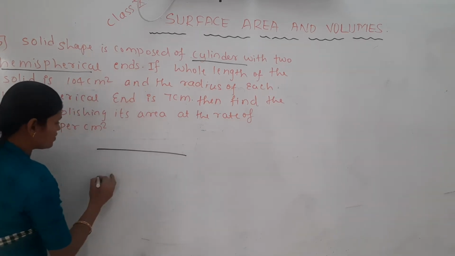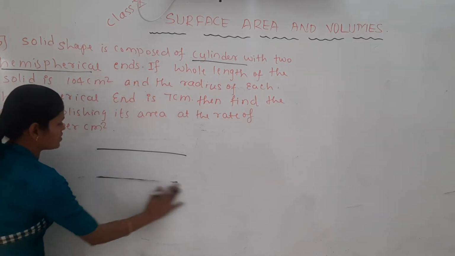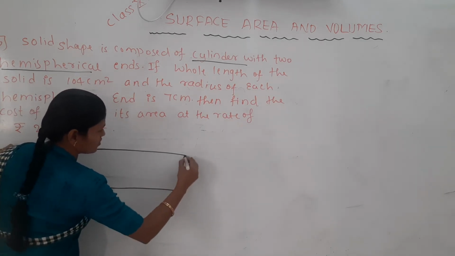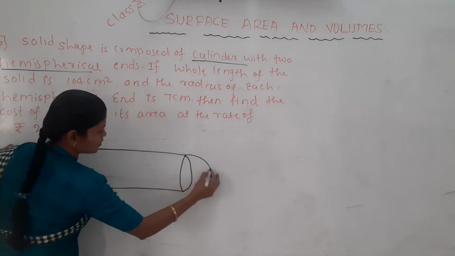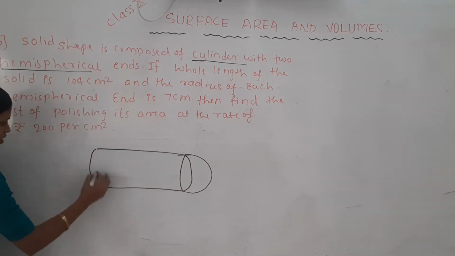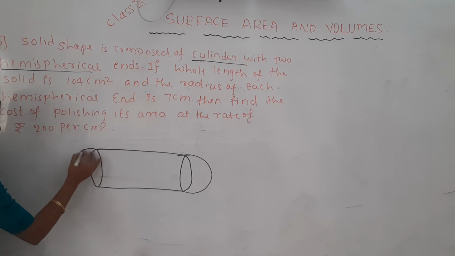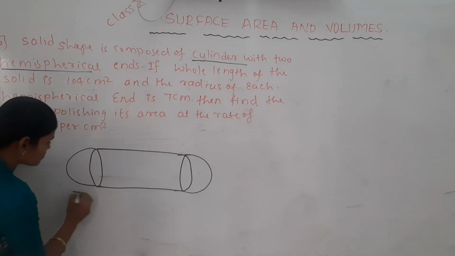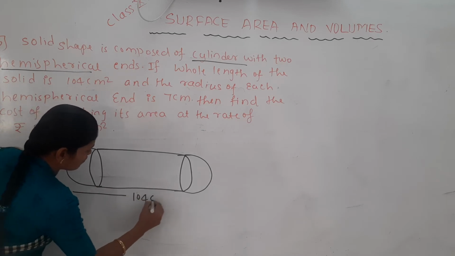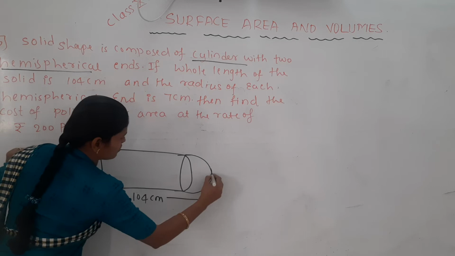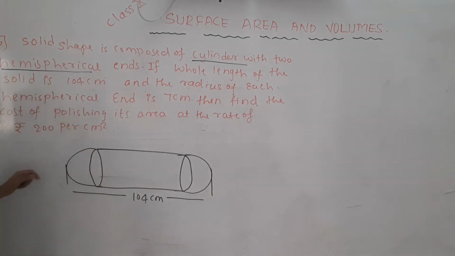This is a cylinder, and this cylinder is capped with two hemispherical ends on both sides. The total length of this shape is 104 centimeter, from here to here.